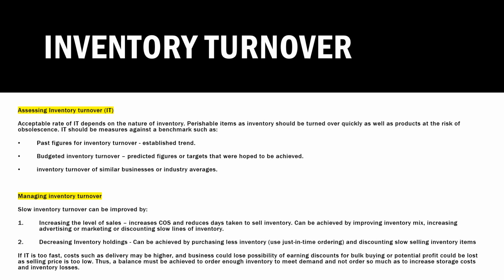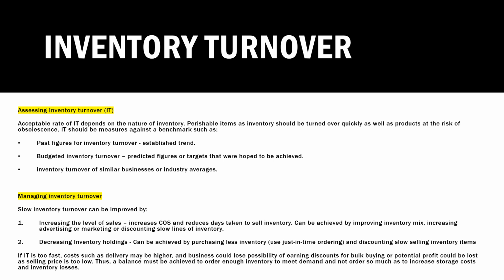Next, we think about how we manage that inventory turnover. So if we've identified that our inventory is moving really slowly and we would like to get rid of the stock on hand a lot faster, what can we do? We can increase the level of sales, which will involve increasing the cost of sales, reducing the days taken to sell inventory by improving our inventory mix.